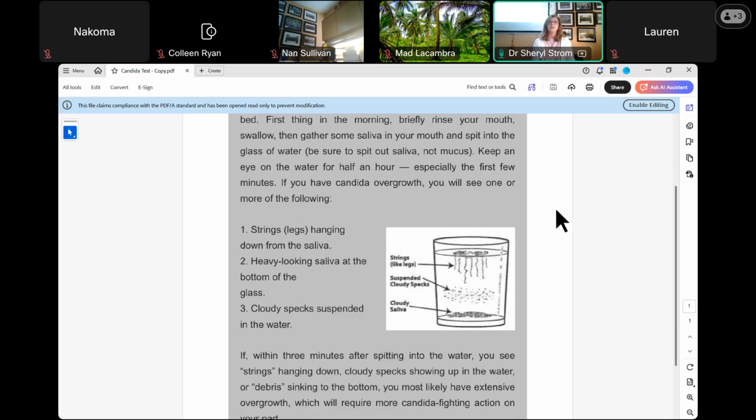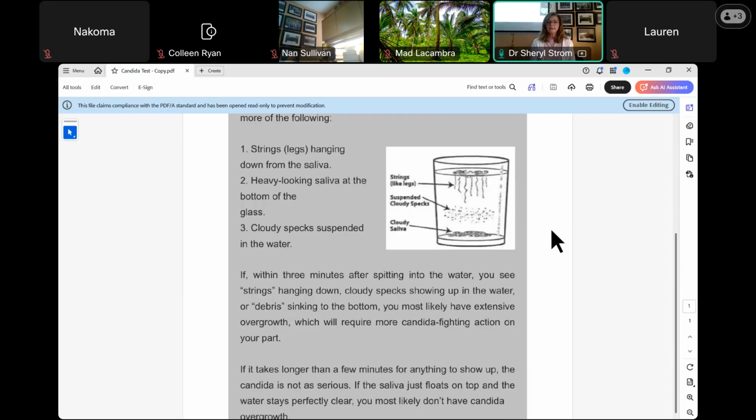The water is going to look really cloudy, and it will kind of look mucusy, but be sure not to mix that up with postnasal drip. You can also see cloudy specks suspended in the water.